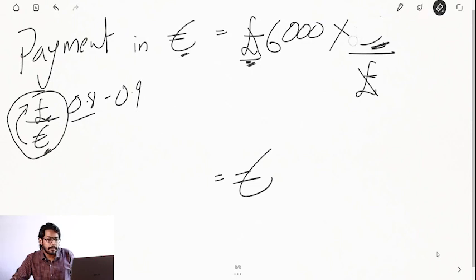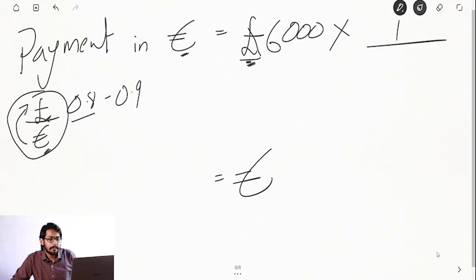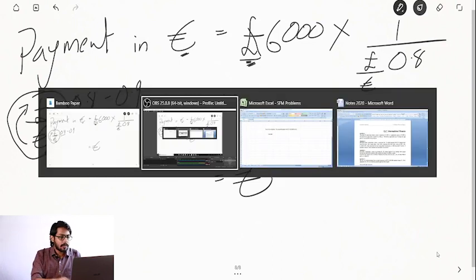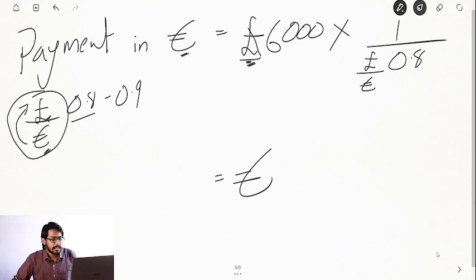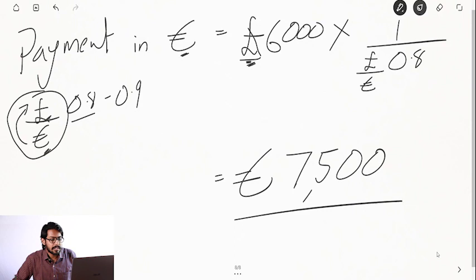So you multiply with 1 by 0.8 pound by euro. 1 by pound by euro means euro goes to the numerator, and pound and pound still get cancelled. So you will get 6,000 divided by 0.8. I need a calculator for that. 6,000 divided by 0.8 is 7,500 euro. Understood?